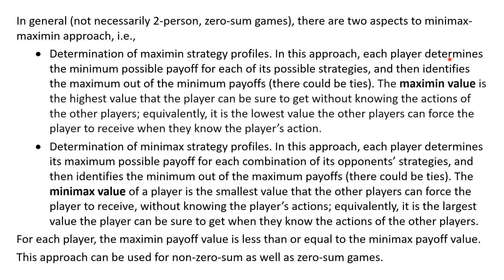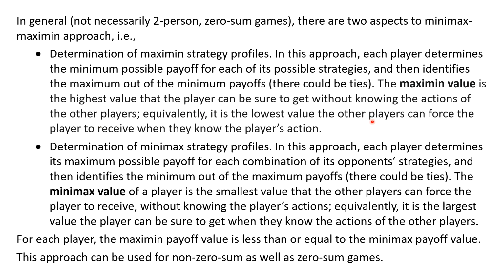In this approach, each player determines the minimum possible payoff for each of its possible strategies, and then identifies the maximum out of the minimum payoffs. There could be ties. The maximin value is the highest value, the maximum, that the player can be sure to get without knowing the actions of the other players.